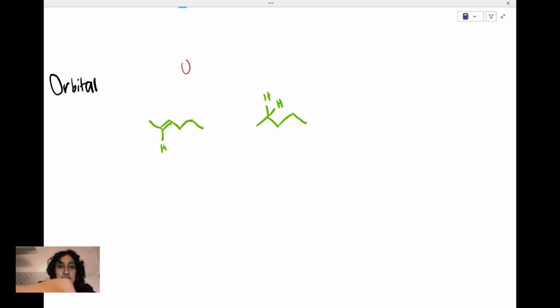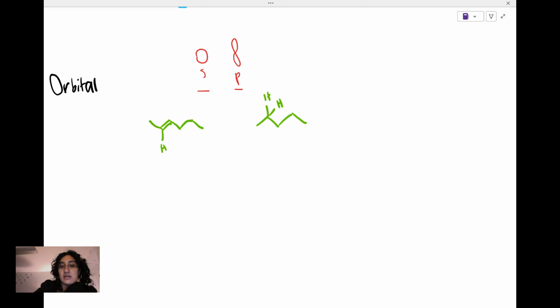Like this is S, this is P, there's also D, F, right? Those are all different orbital shapes. And if you remember those molecular orbital diagrams, the S orbital is stabler than the P orbital. So this circular S orbital is stabler than the P orbital, which is intuitive, right? By just the shape. So something with more S character is going to be stabler than something with more P character.